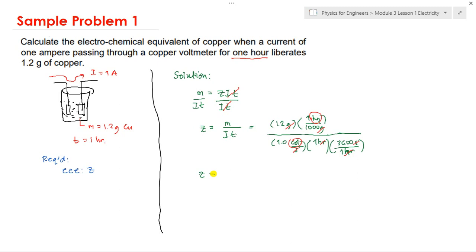So our answer is 3.33 times 10 to the power of negative 7 kilogram per coulomb. It is small because it is in terms of kilograms.